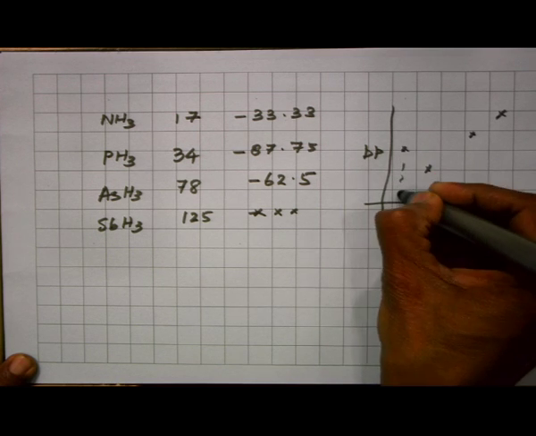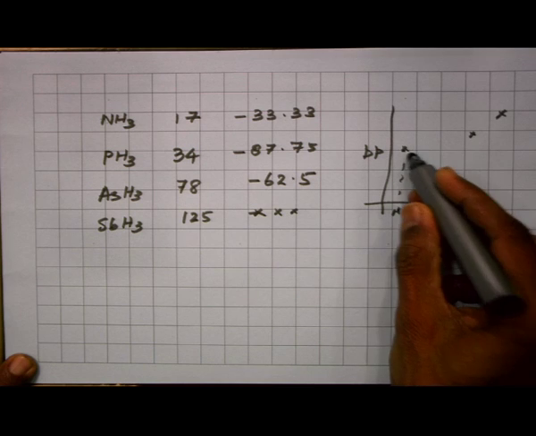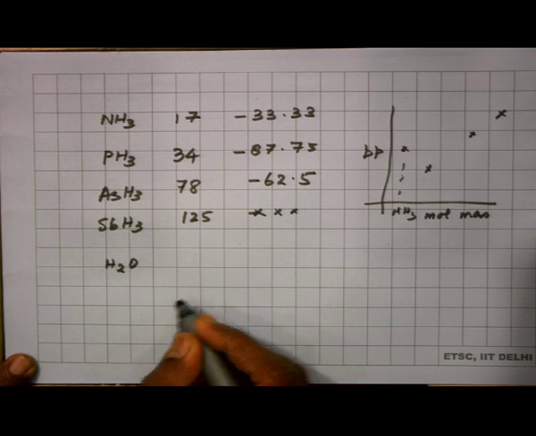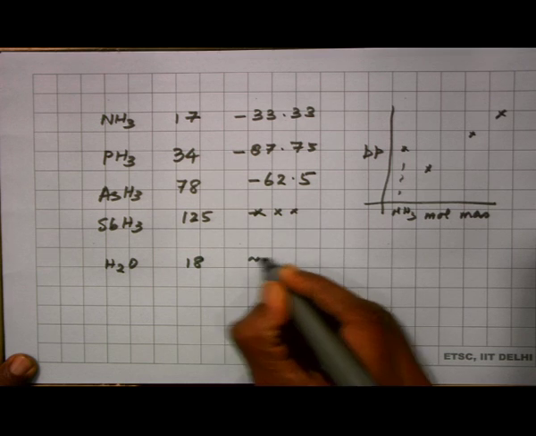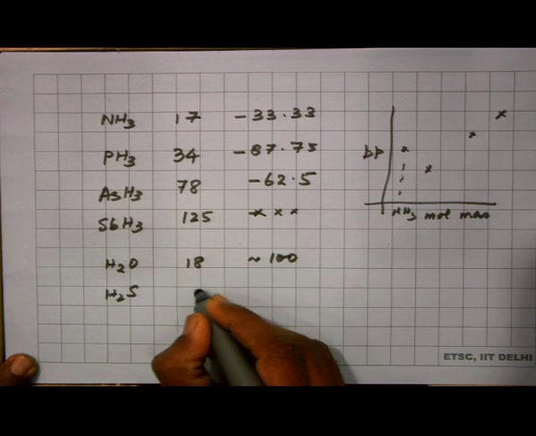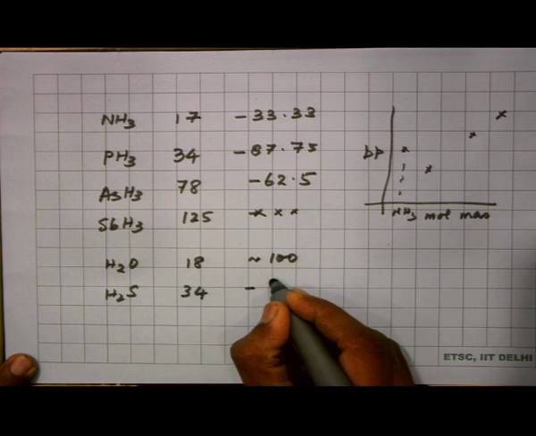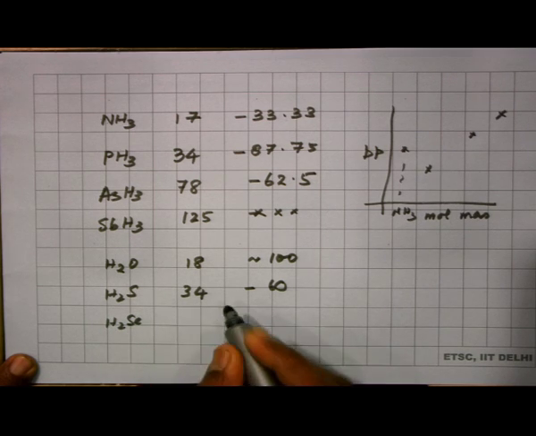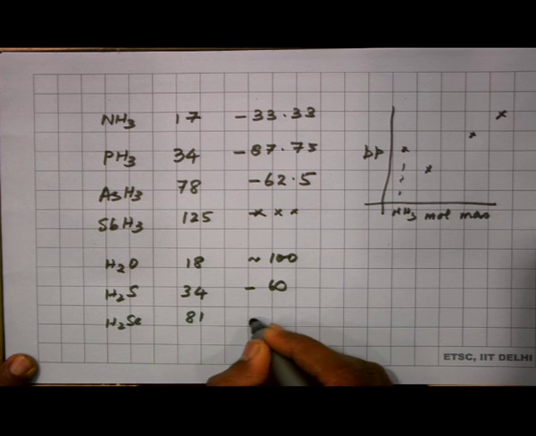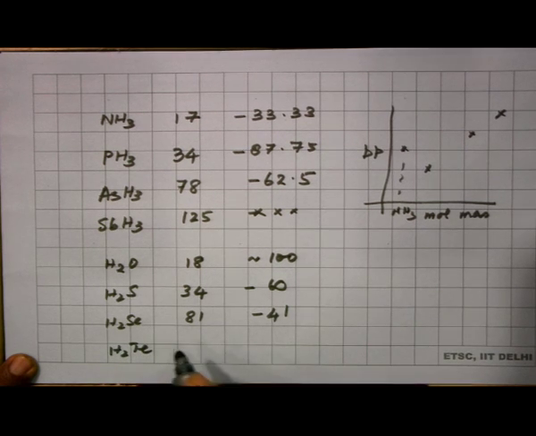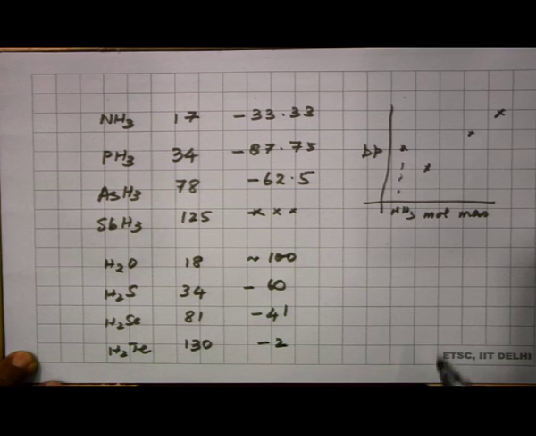that is NH3 is much higher than this, and it is even more dramatic when you look at water with molar mass 18 is close to 100, H2S molar mass 34 minus 60, H2Se hydrogen selenide molar mass of minus 41, and H2Te 130 with a boiling point of minus 2.